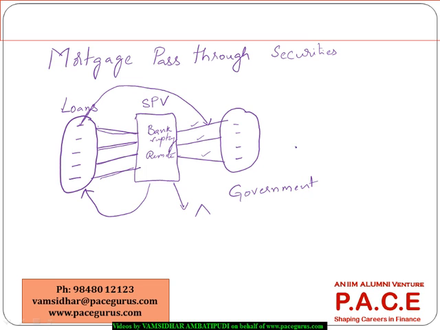When we say agency based mortgage pass-through securities, they have a government guarantee or government backup associated with them, which means to a large extent they are bankruptcy remote, so the default risk chances are much lesser. But the major risk in this entire process is the prepayment risk.